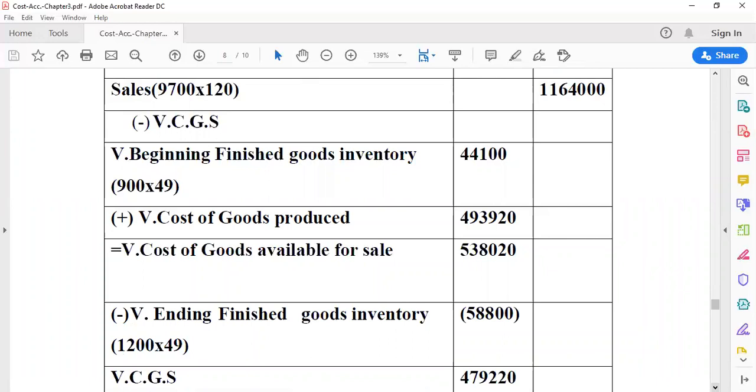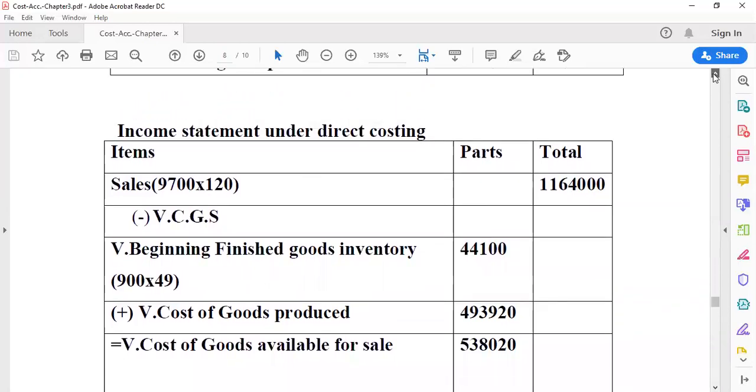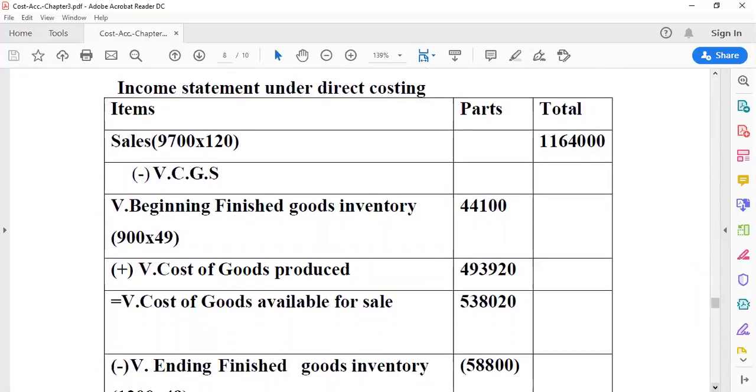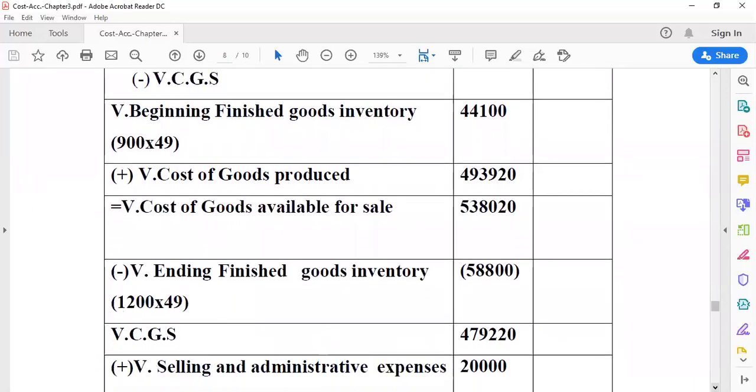To get the variable cost of goods sold, I should go back to my variable cost of goods produced and add to this the variable beginning finished goods inventory, which we had taken, that was 900 times 49. Why times 49?